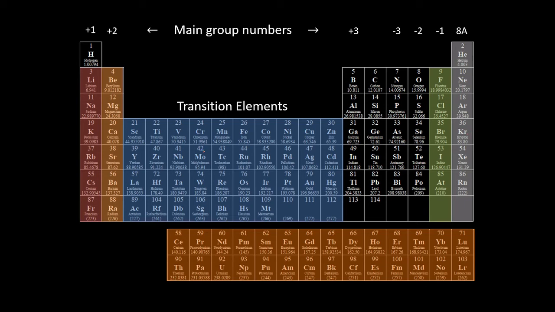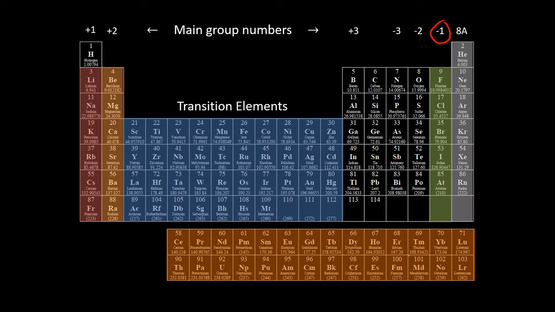And so these elements in these main groups here are going to gain or lose electrons to try to get the same number of electrons as a noble gas. So everything in the halogens column will try to gain 1 electron to be like whatever the noble gas is that they're next to, which means everything in this column, when it forms an ionic compound, is going to be -1, because it wants to gain that 1 electron and no more.